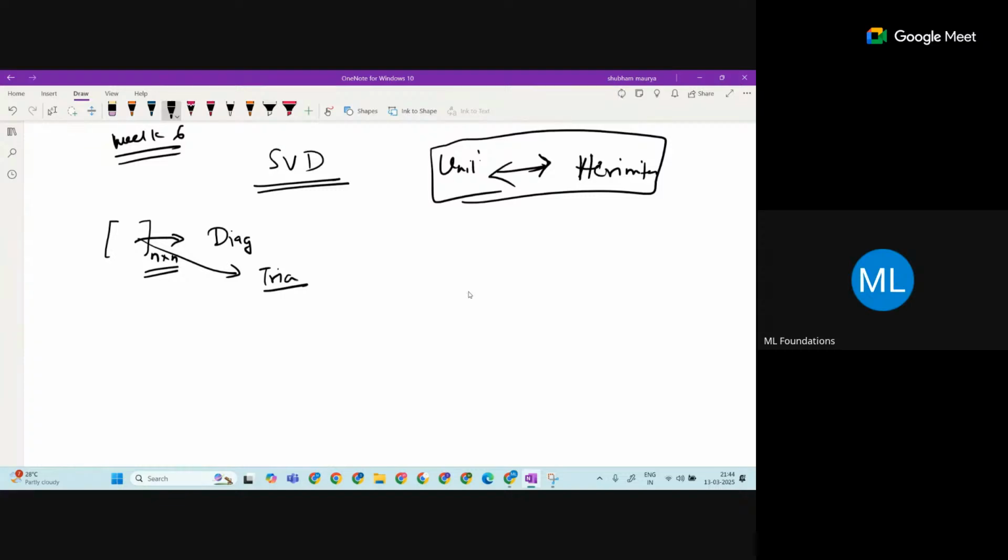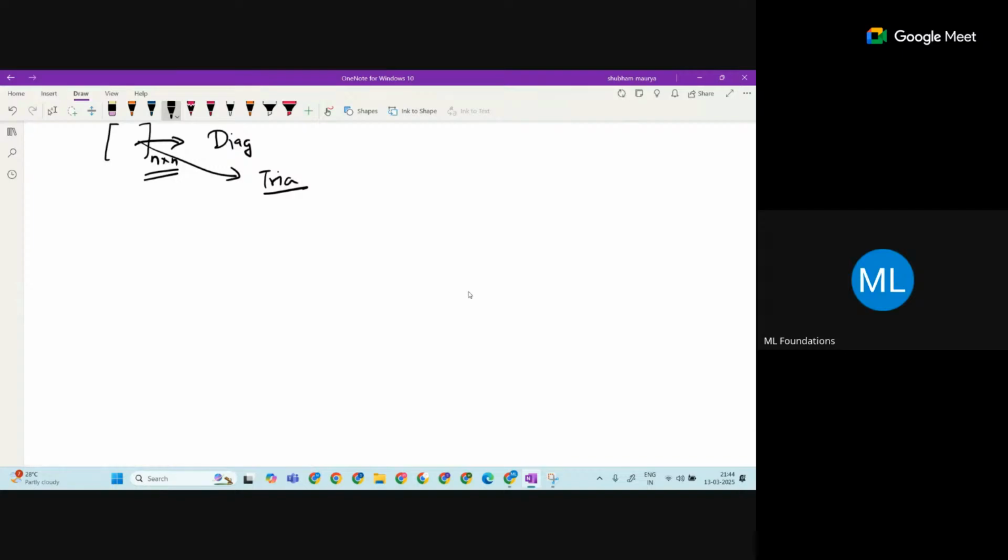But suppose your matrix is not square, but rectangular. We again have to think of the simpler case of this. To think of the simpler case, there is a form called SVD, singular value decomposition, for rectangular matrices.